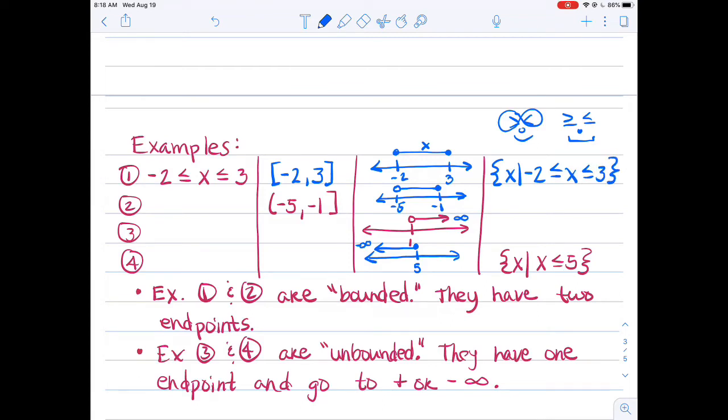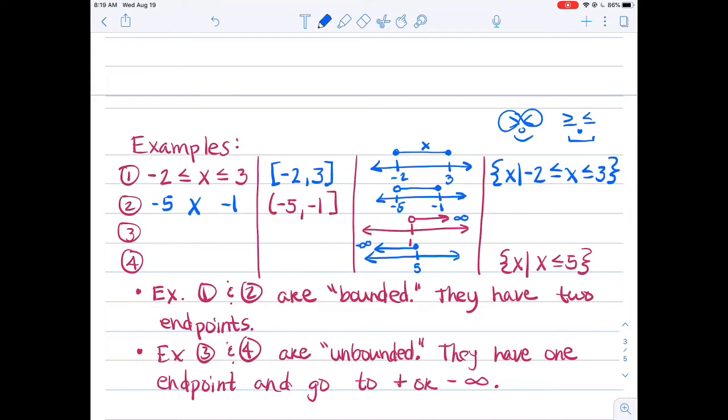All right, example number 2, we need to write the inequality notation from the interval notation. So let's look at that. We have a -5 and a -1. So those are our 2 points, and X is somewhere in between. So I'm going to stick X in the middle, put my smallest number here, my biggest number here.